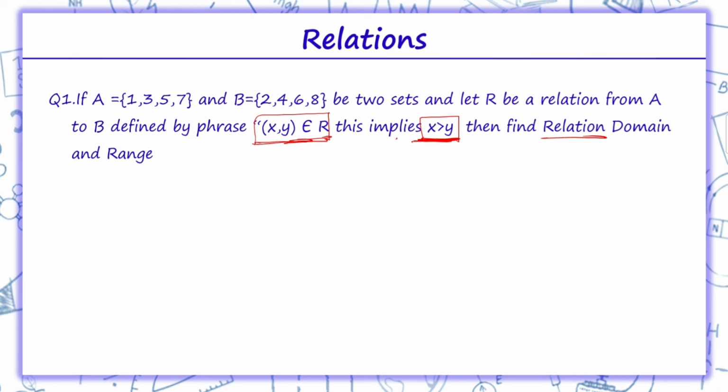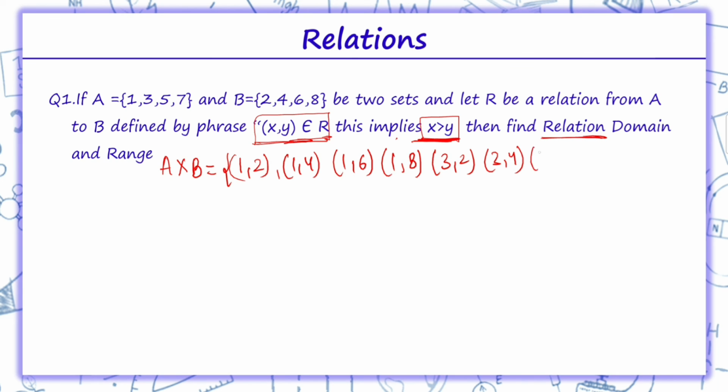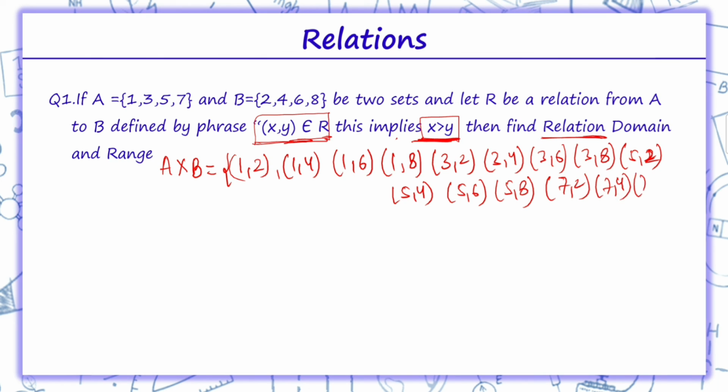So we have to find the relation. If we calculate the Cartesian product, it will be 1 2, 1 4, 1 6, 1 8, 3 2, 3 4, 3 6, 3 8, 5 2, 5 4, 5 6, 5 8, then 7 2, 7 4, 7 6, 7 8. These are the Cartesian products.